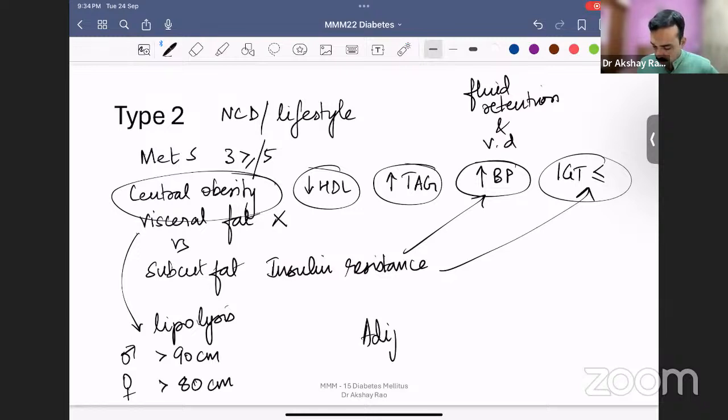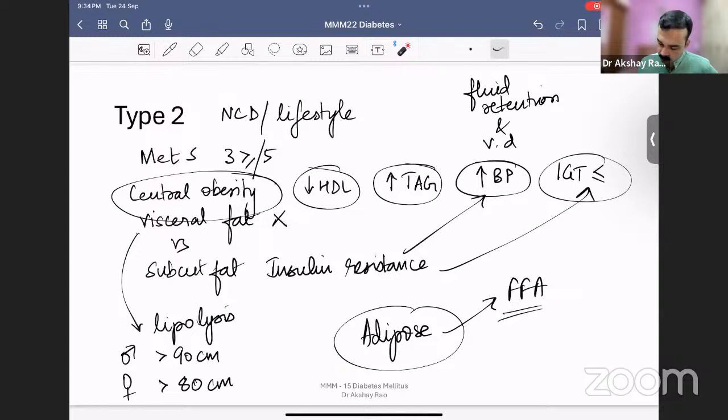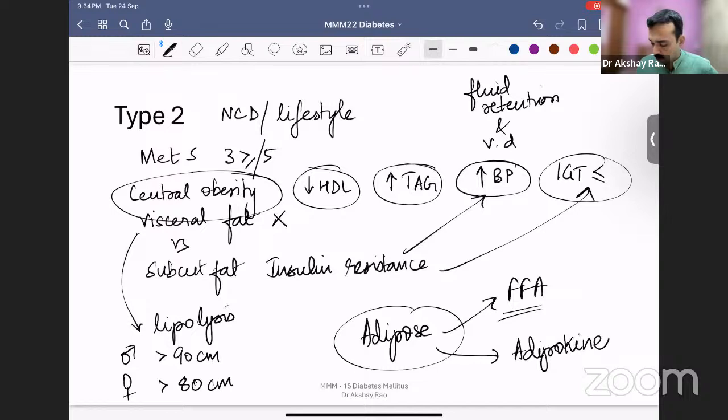I told you lipolysis keeps happening, so adipose will keep liberating free fatty acids, which will then end up contributing to glycerol or triglycerides. But it will also lead to adipokine generation. There are certain cytokines which are released from visceral fat, known as adipokines. They're cytokines which come from adipose tissue. That's why they're called adipokines.